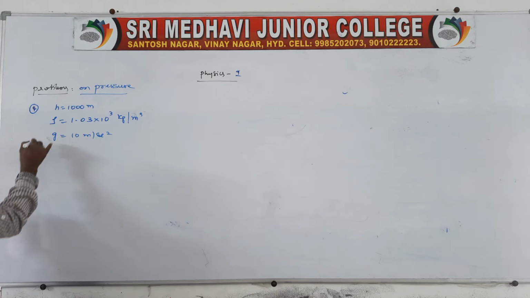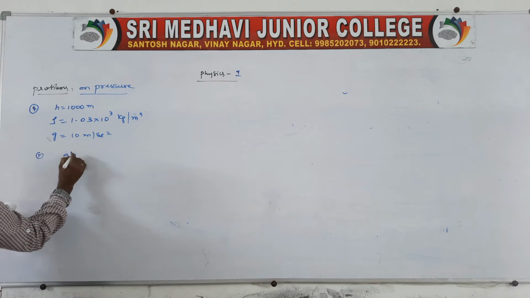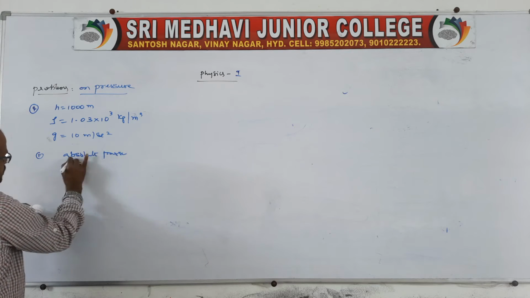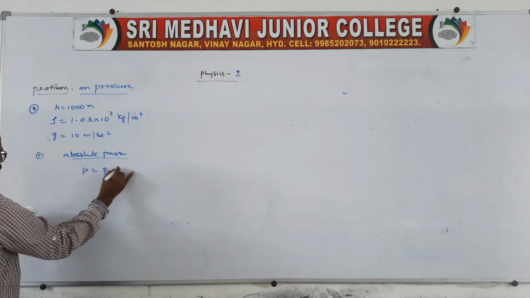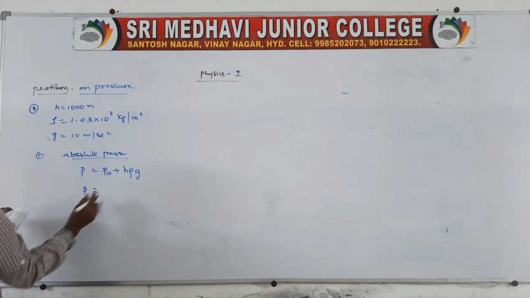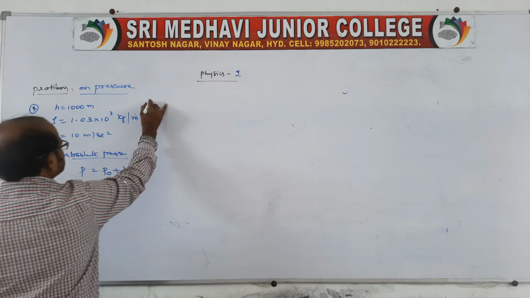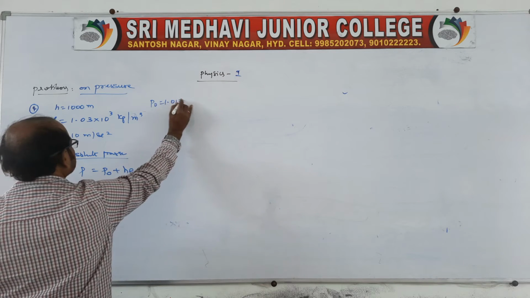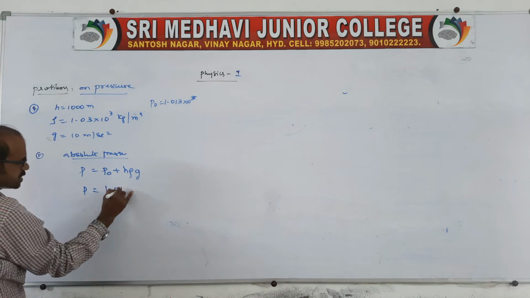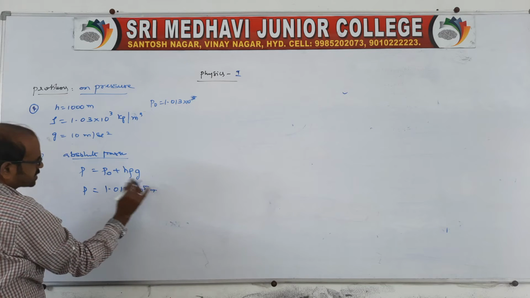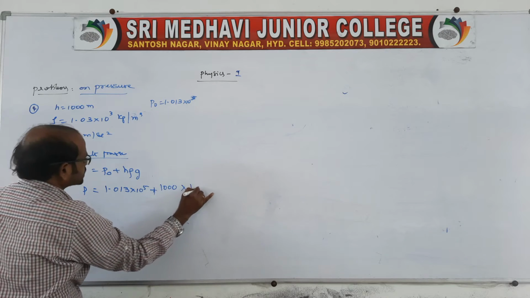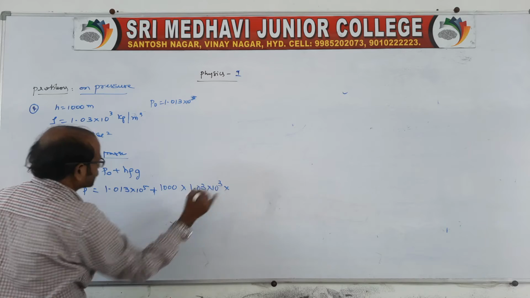So the absolute pressure is P equal to P naught plus h rho g, right? Here we know the atmospheric pressure at the given place is 1.013 into 10 power 5. So you write 1.013 into 10 power 5 plus h 1000 meters into rho 1.03 into 10 power 3 into 10.